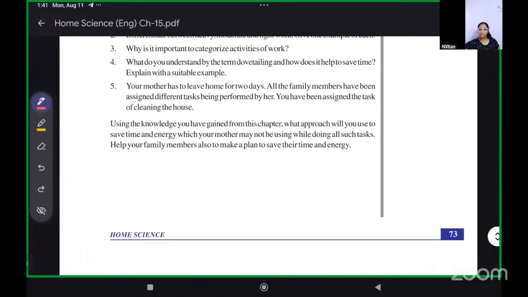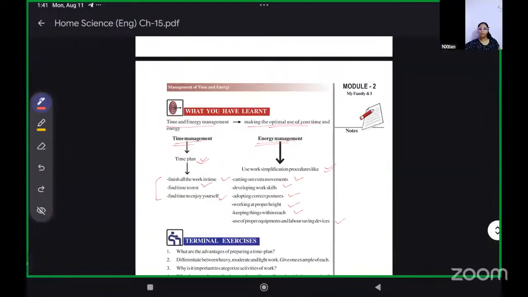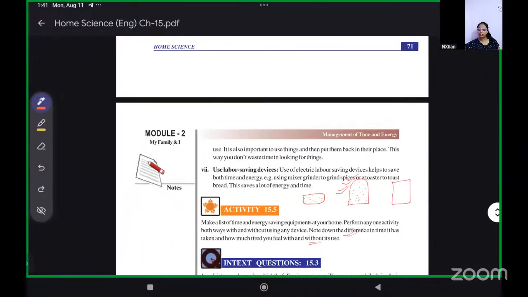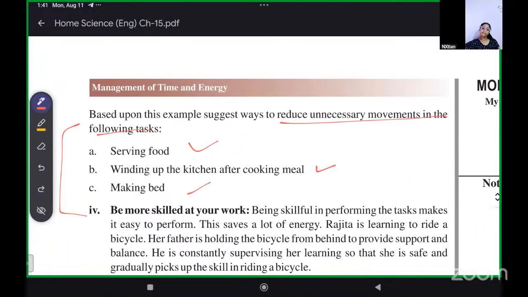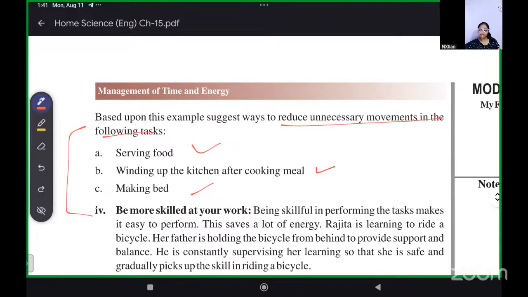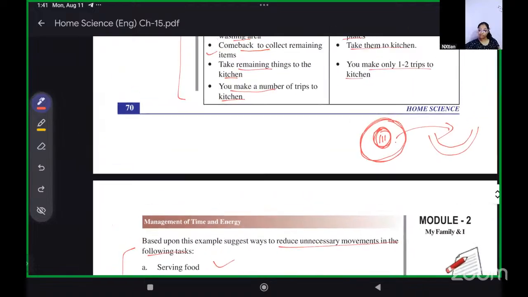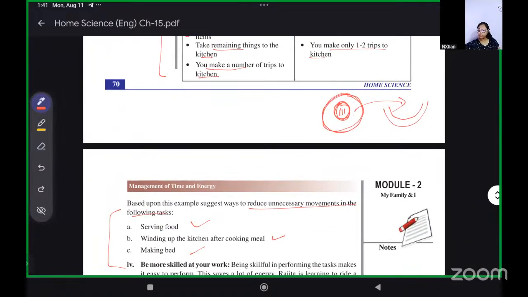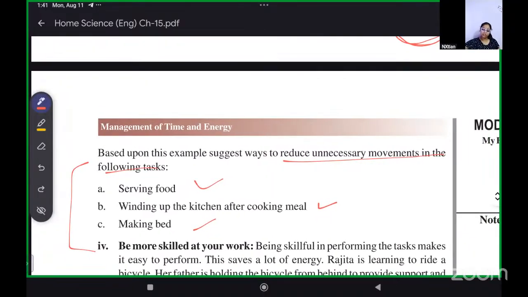And tomorrow we will do the terminal exercises. What homework did I give you? Tell me. One homework I gave you is this.